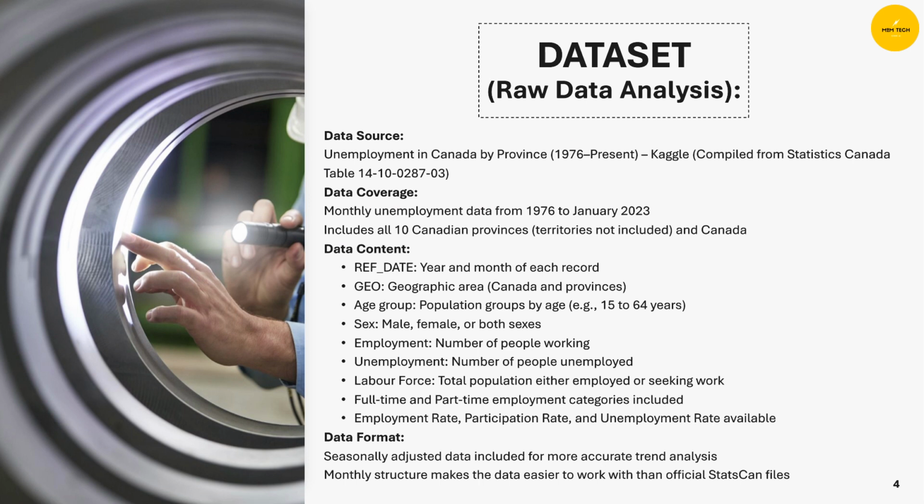So this data set consists of monthly unemployment rate, as I mentioned, from 1976 to January 2023, and it covers all 10 Canadian provinces and includes data on year and month of each record, geographic area, Canada and provinces, age group from 15 to 64, employment, unemployment, and labor force numbers, part-time, full-time employment categories, seasonal adjusted data for accurate trend analysis.